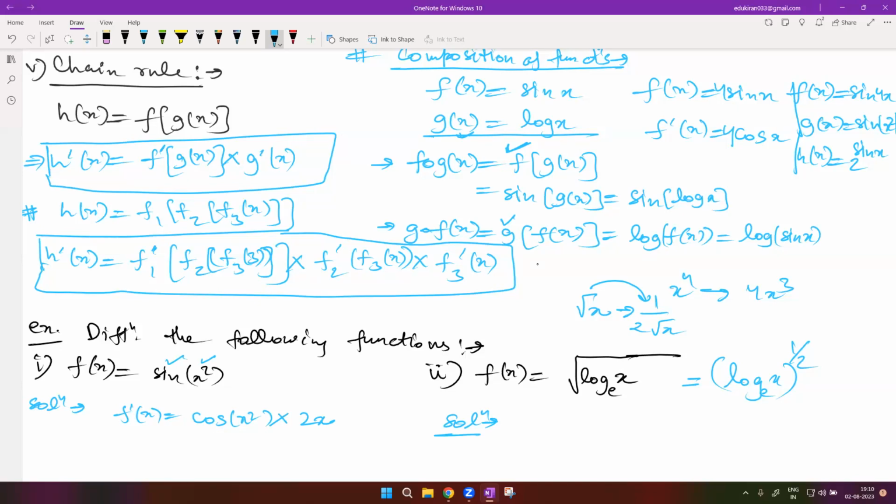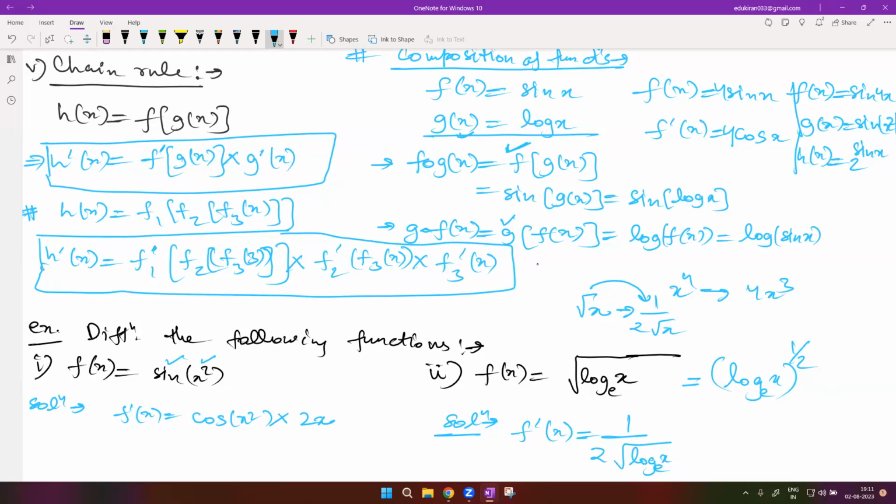In the same way, we differentiate the root of log x to the base e. So first of all, we deal with the power of the whole expression. The power is 1 by 2, which is basically root, and the differentiation of root is 1 by 2 root, with the same quantity inside, which is log x to the base e.